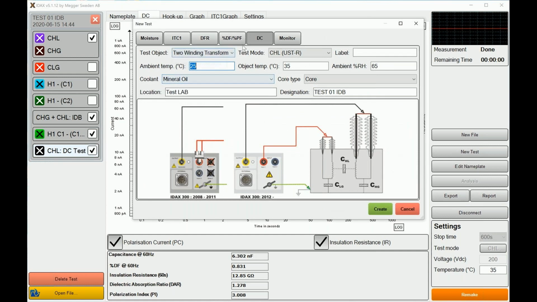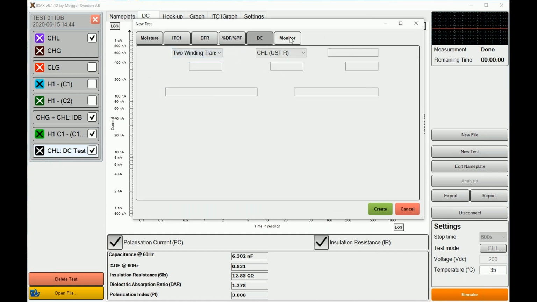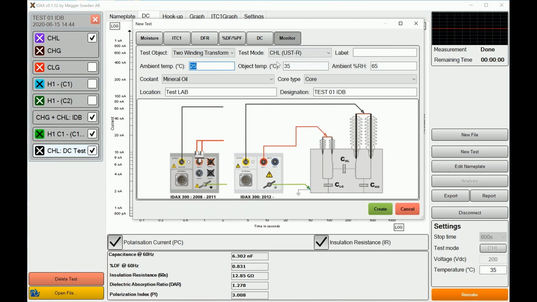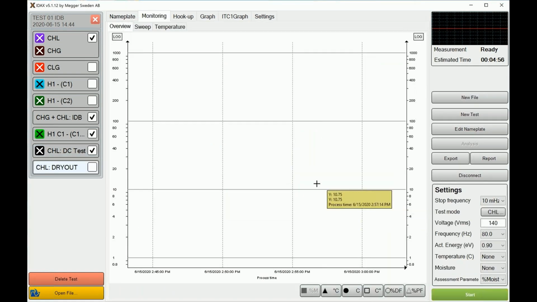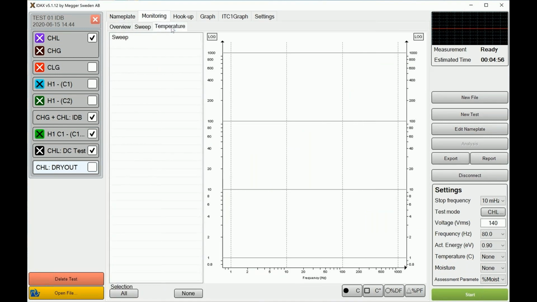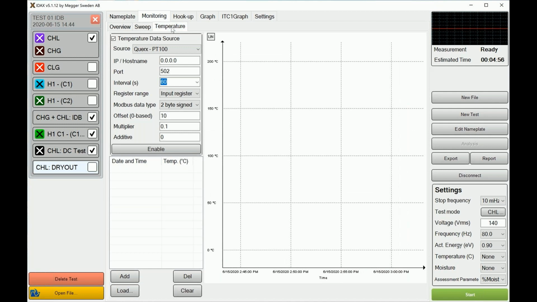When you're done, you can look into one additional feature that we have in the system, which is dry out. We had a dedicated webinar talking about dry out. Just so you have an idea, we're looking at factory dry out and how to monitor that continuously. You don't want to bake that insulation system too much.